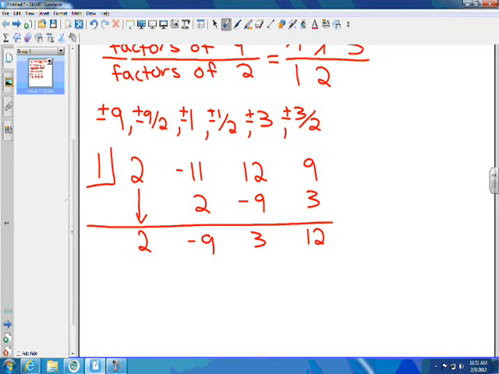Double check. Make 100% sure that every single operation, every time you add, every time you multiply, you've done it exactly right. Because that's the worst thing that can happen: if this should have been a 0 and you got 12 and you moved on and you messed it up. And that's when that comes into play.